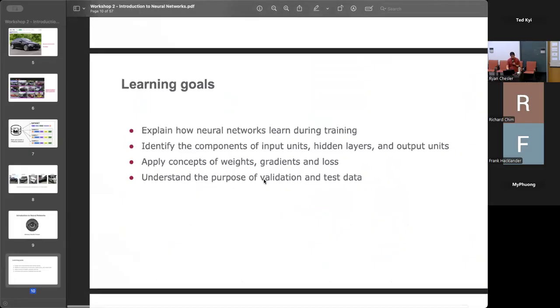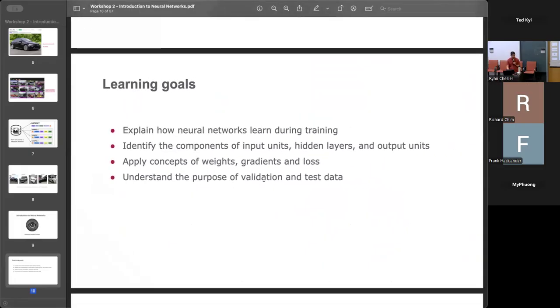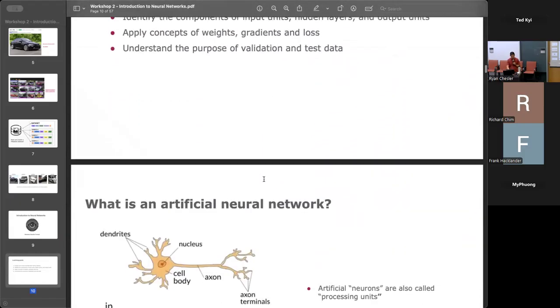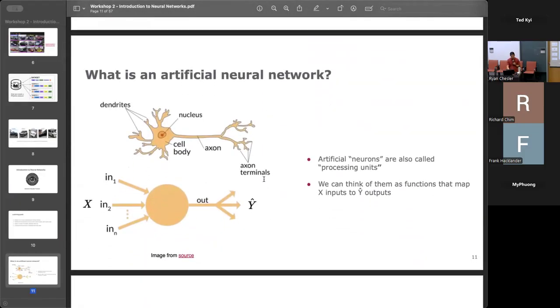So the focus is just understanding neural networks, understanding the inputs, the outputs, the hidden layers, all of this stuff in between. So they started by looking at artificial neural networks. The neural network systems took inspiration from real neural networks.